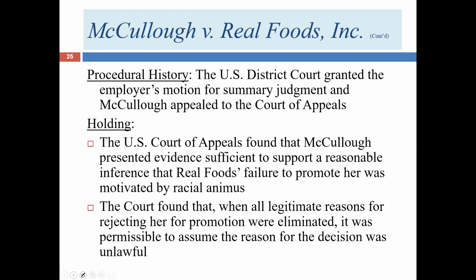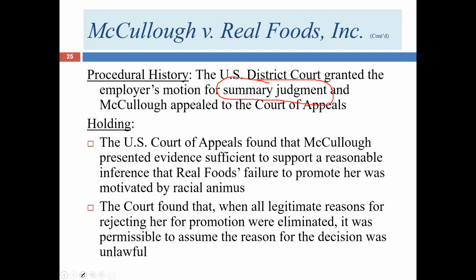One of the things to keep in mind, and the procedural history shows us, is that the trial court granted summary judgment. So the trial court did not allow the jury to hear all of the evidence and reach its own decision. What the trial court said was that Ms. McCullough wasn't able to present even enough evidence to get the opportunity to present to the jury.